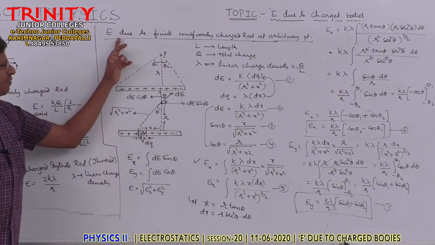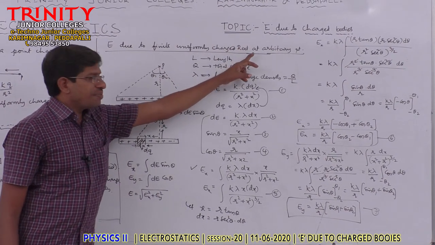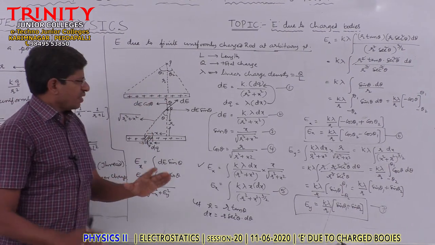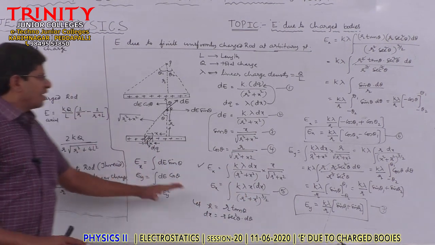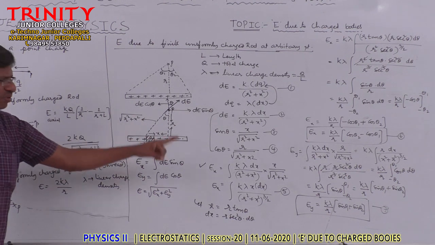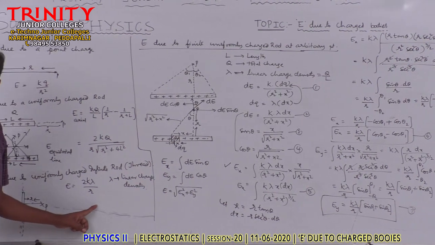So this is what we found, the value for E due to a uniformly charged rod at an arbitrary point, and the rod is very small, it is not infinite. Now, if you remember these two formulas, immediately you can get back to all these relations. I will show you from those equations how we will come across these relations again.